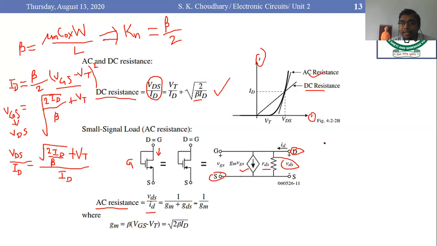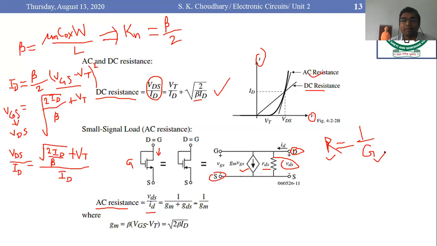We know the relationship between resistance and transconductance: R is always 1 upon G. R is resistance, G is transconductance. It is an inverse relationship.